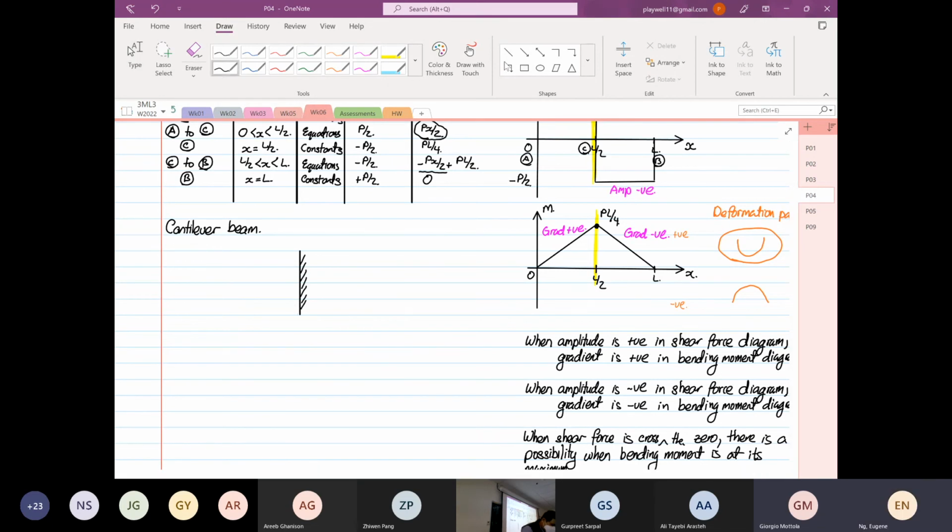And as I say, it's very specific to this loading condition. So this is our point A. This is our point C, right? Over here, we have a load P over 2. So why is this also equal to this?